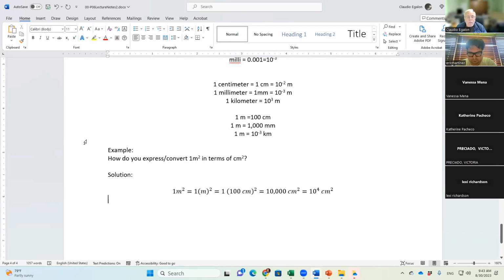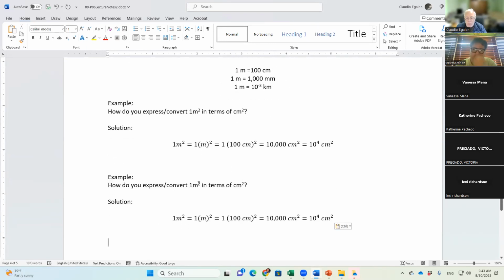And then, hopefully, if you understand that, you'll be able to do the next problem here. What about 1 cubic meter in cubic centimeters? That's another problem. Try to do that on your own, just like before.